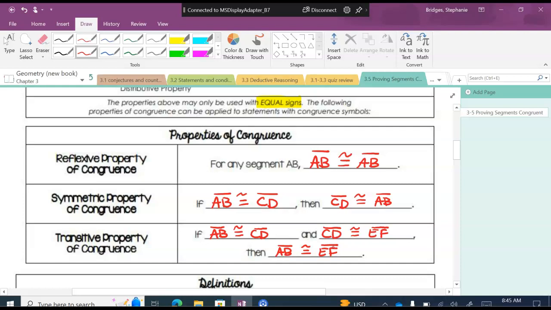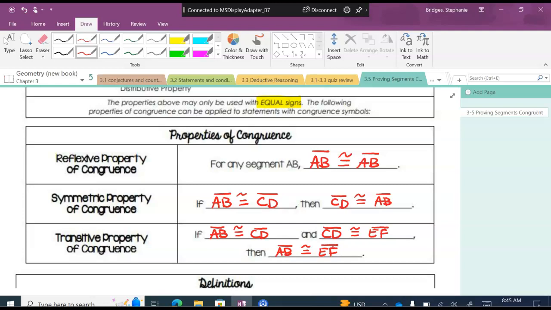So sometimes in these proofs that we're going to be doing, we're talking about congruency rather than equivalency. Even though a lot of the times the two properties, substitution and transitive, could be mixed, like you could call it substitution or you could call it transitive as long as it's three parts, substitution is not used for congruence.